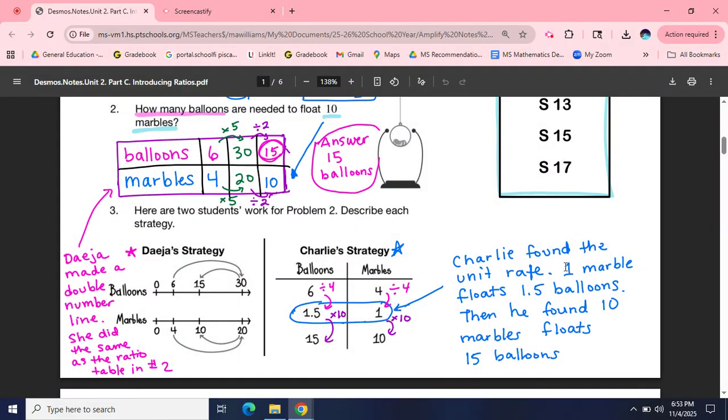He found that 1 marble floats 1.5 balloons. Then he went from 1 marble to 10 marbles times 10. So to find the unit rate, he divided 4 marbles divided by 4 to make 1 marble. 6 divided by 4 is 1.5. And then to go from 1 to 10, times 10. That's how he found 10 marbles floats 15 balloons.